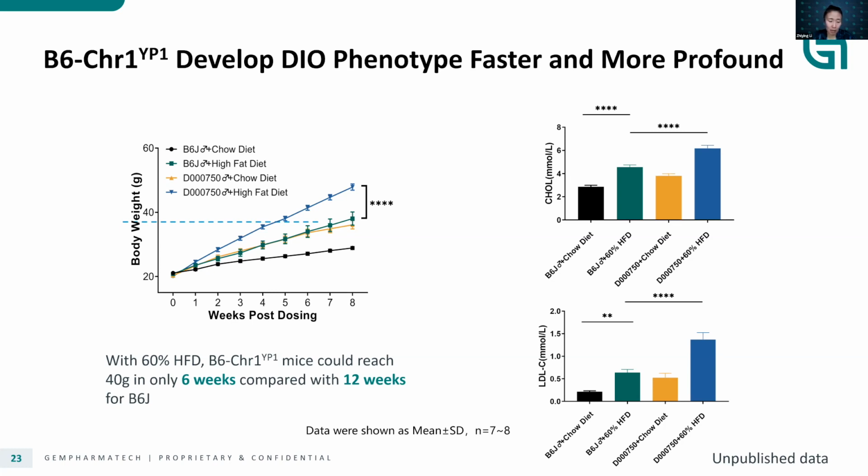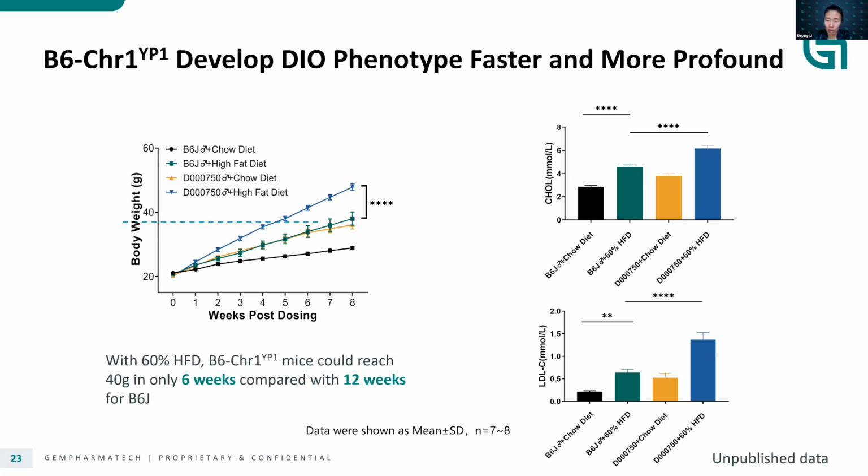One of the limiting factors typically on the DIO side is that it takes a long time for the diet-induced phenotype to come around. So we were thinking, with the YP1 mice already having accelerated metabolic phenotypes on the chow diet, whether it's possible for them to have even faster metabolic syndrome development if they are put on a high-fat diet.